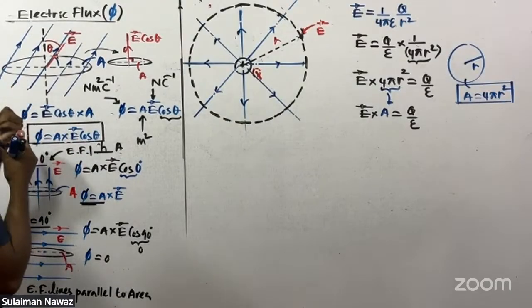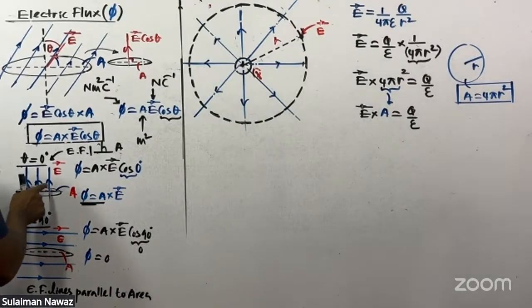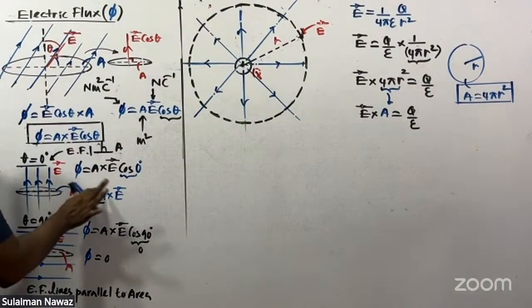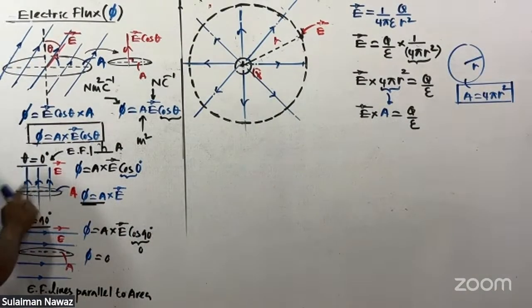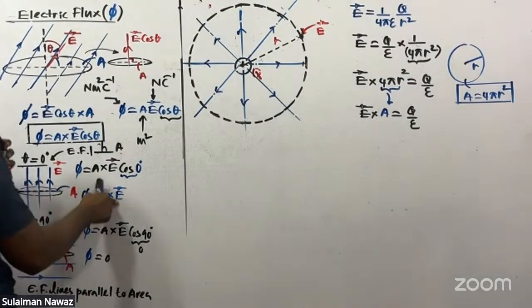Now we noticed that when the electric field lines are exactly perpendicular to a considering area, electric flux means that area into the electric field intensity at that considering area.